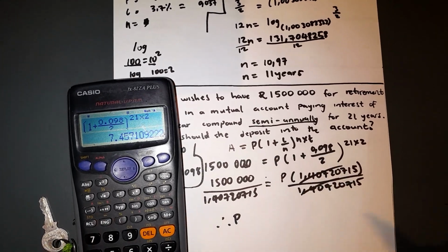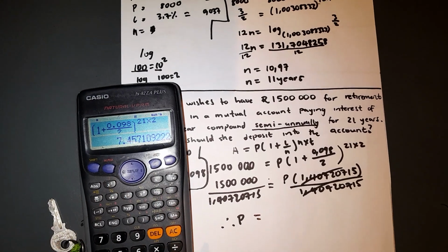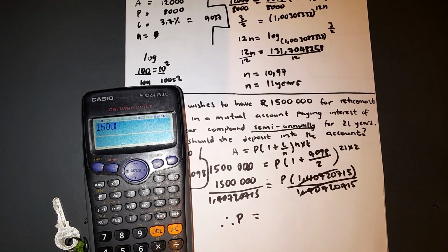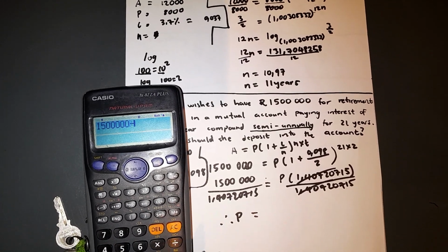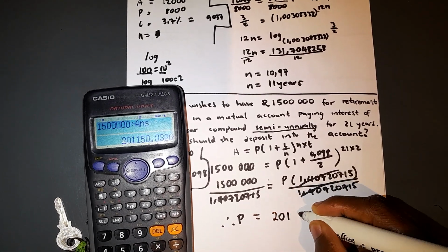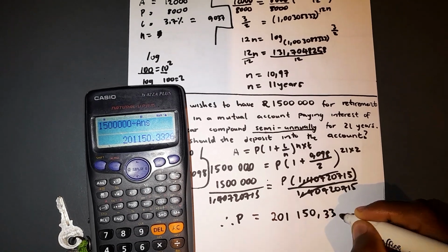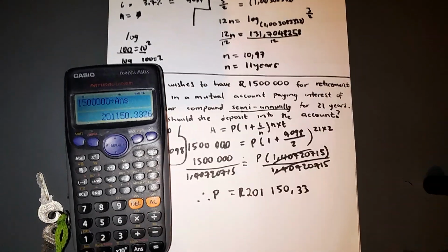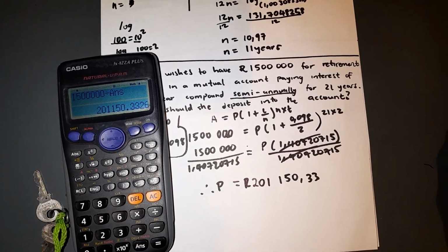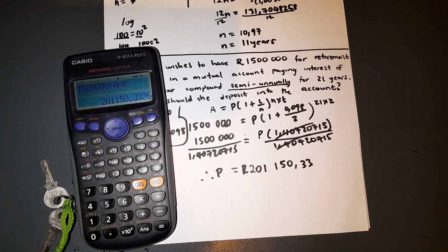I divided by 12. Sorry for that. So now we'll just take this answer and divide it into the 1.5 million. It will give us 201,150 rands 33 cents. So this is the amount of money that she must invest in order to get 1.5 million rands for pension.